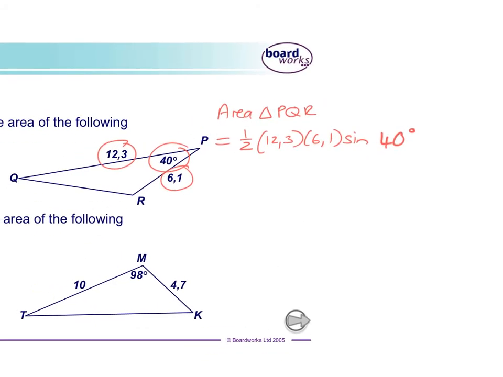Please don't put cos 40. It is sine 40. The cosine rule could also be used here with two sides and an included angle, but not to find the area. That's only if you want to find a side or another angle. So in order to find the area, this is the only formula you can work with, and you need two sides and their included angle. And the answer to this will be 24.11 square units.